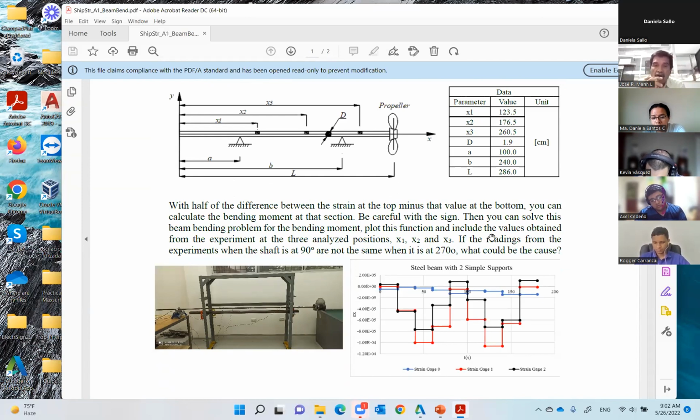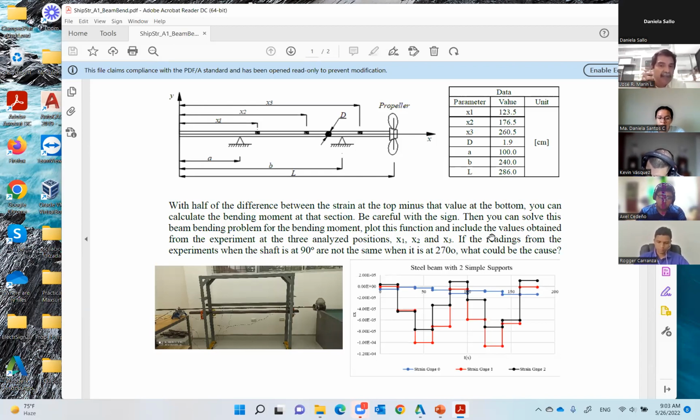The classification society, the surveyor, is asking them, since they have made repairs and done a new alignment but still have problems, to measure somehow the reactions on the supports. And I'm just giving you a homework, something like that.